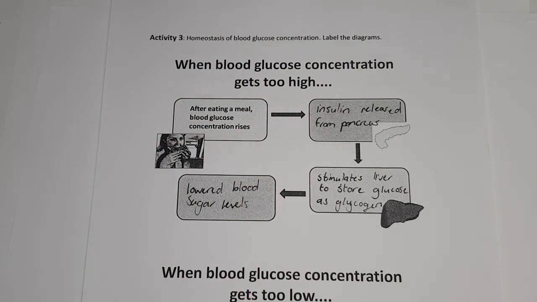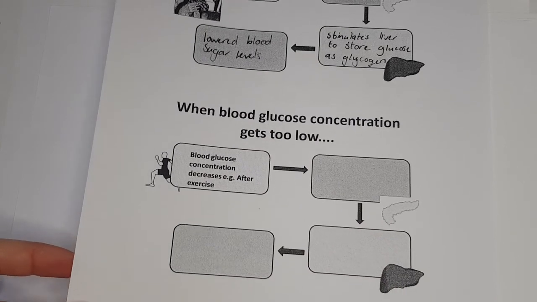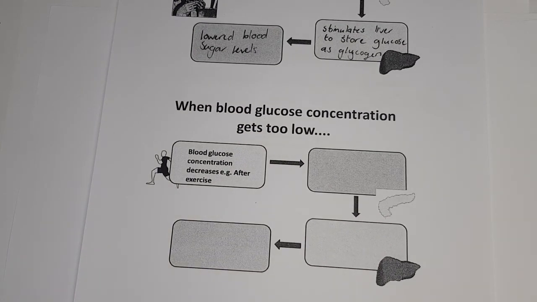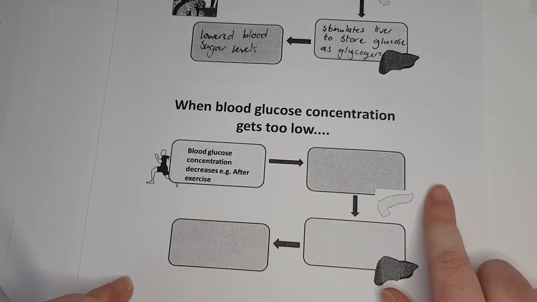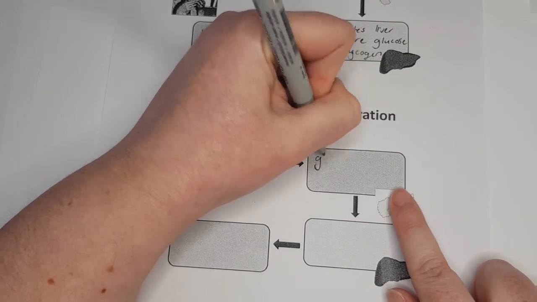And then that would stay that way until, if we don't eat for a while, the blood sugar gets too low. So then what we want is to release the glucose back. So when our blood sugar gets too low, glucagon is released from the pancreas.